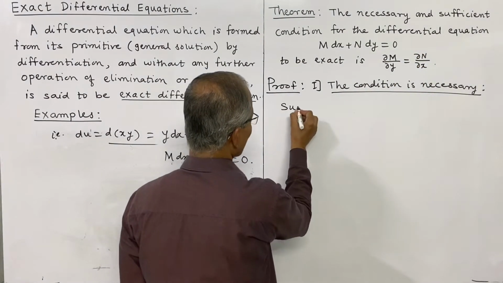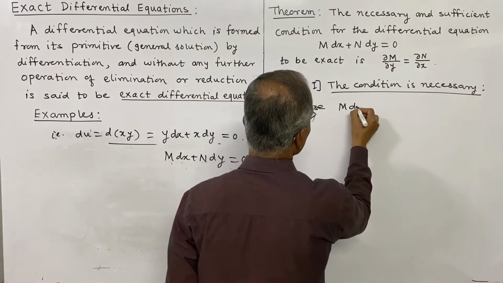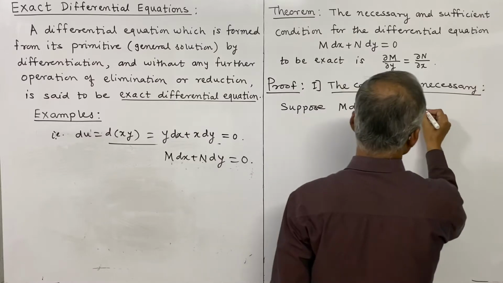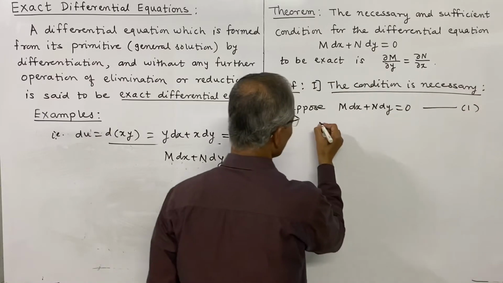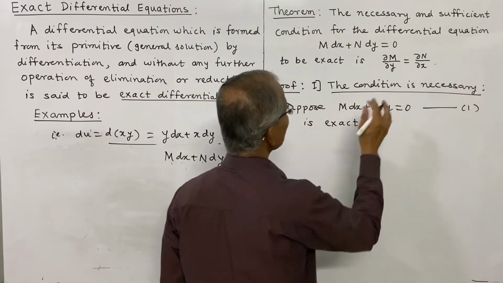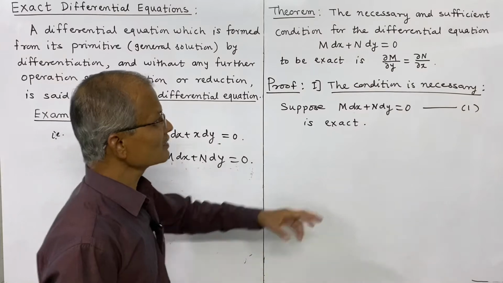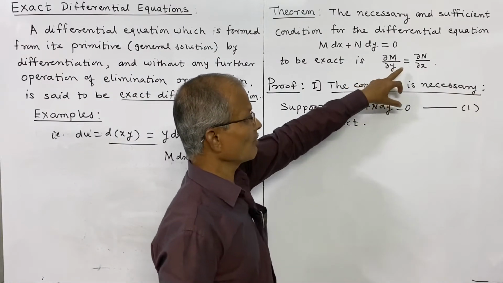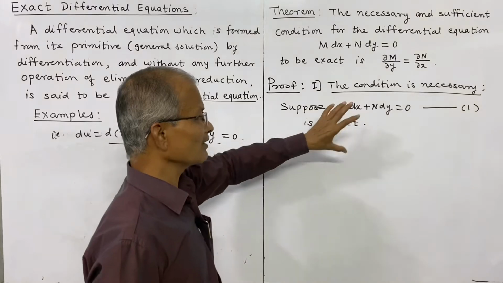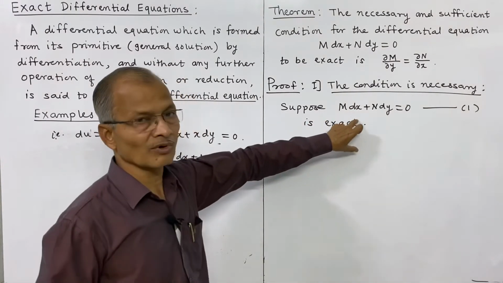Suppose m dx plus n dy is equal to 0. We will suppose this relation 1 is exact, that is, an exact differential equation. Then what we have to prove is dou m by dou y is equal to dou n by dou x. And because this is exact, there is a function u whose total differential is equal to this one.